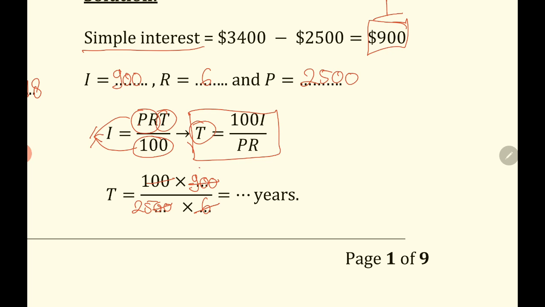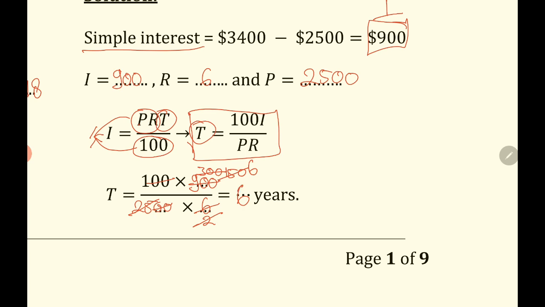It means we have 300 over 2. Okay, we can cancel again. This is 150, and this is 25, and 150 can cancel, become 6. So we are looking at 6 years. The answer is 6 years.